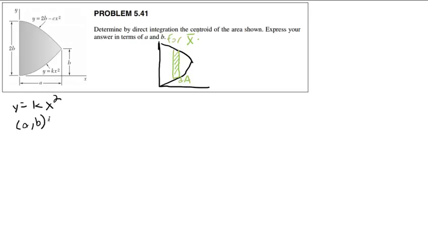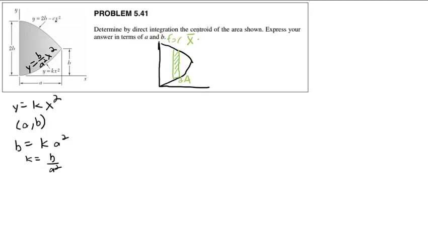So therefore I can say b equals ka squared, so k is equal to b over a squared. So this equation then is y equals b over a squared x squared.